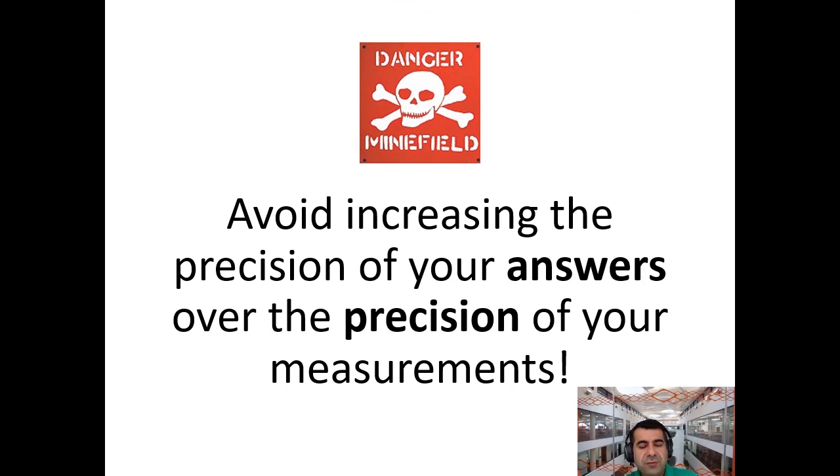So to sum up, always avoid increasing the precision of your answers over the precision of your measurements or the data that you have received. This is very important in engineering, and especially when you are doing the measurements and the calculations. It sometimes happens if you are using Excel spreadsheets.